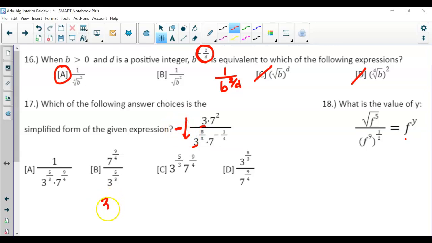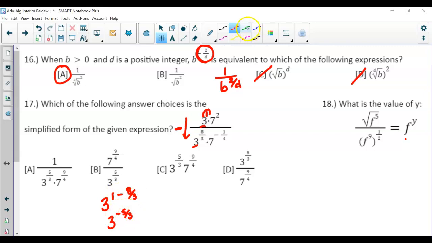For our base of 3, what is the exponent up top with this 3 here by itself? 1. So remember, it's understood to have that exponent of 1. So 1 minus 8/3. So this means here we've got 3 to the negative 5/3. So this is 1 minus 8/3, you get negative 5/3.